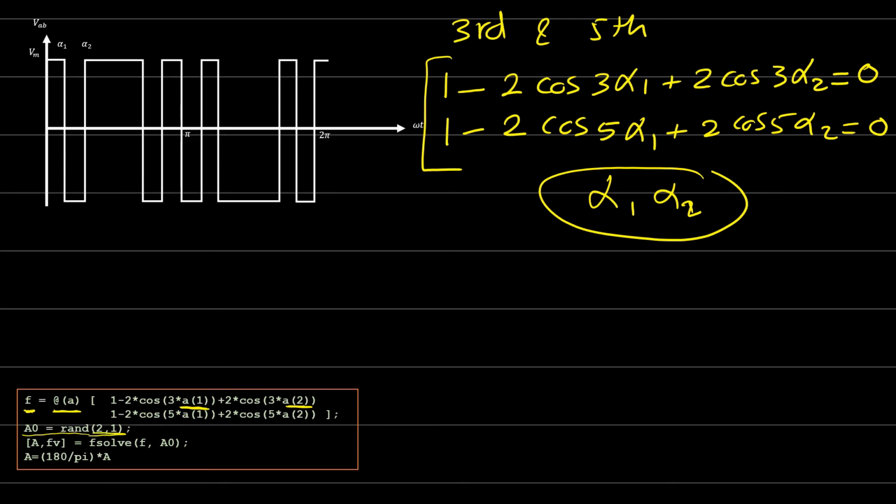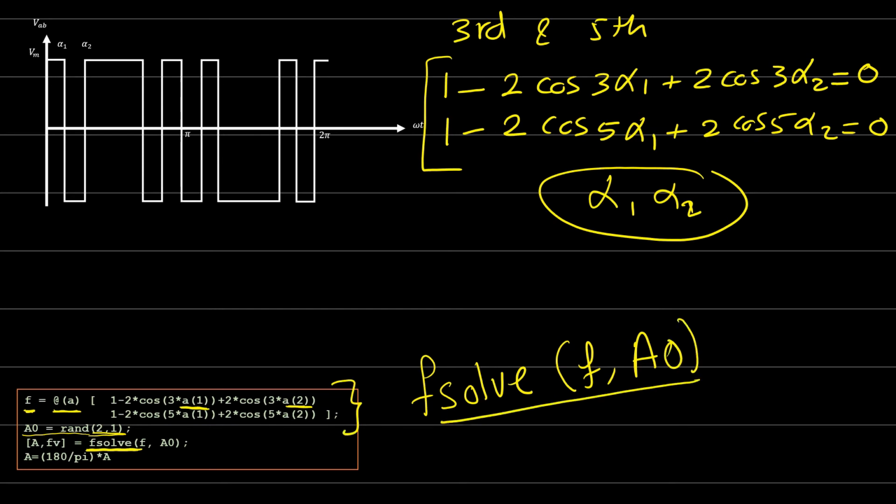This can be obtained randomly, so I define the initial values a naught, and I'll use the function called fsolve, with the function that is defined here, the two equations, and the initial values. And this will return the values of alpha 1 and alpha 2.